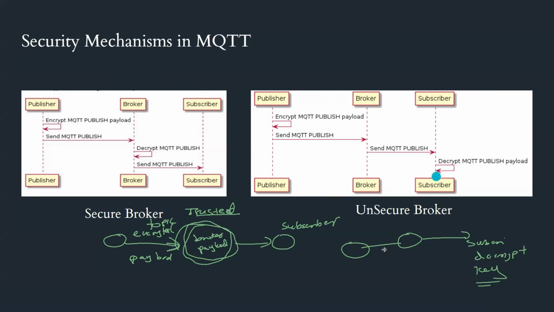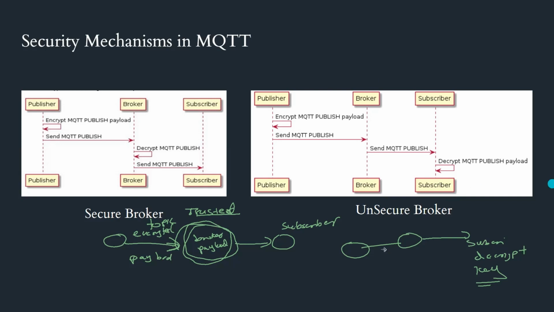Another thing is that if a huge number of subscribers are in the system, then each subscriber has to know this key. That communication has to happen before setting up the MQTT communication between the publisher and subscribers.